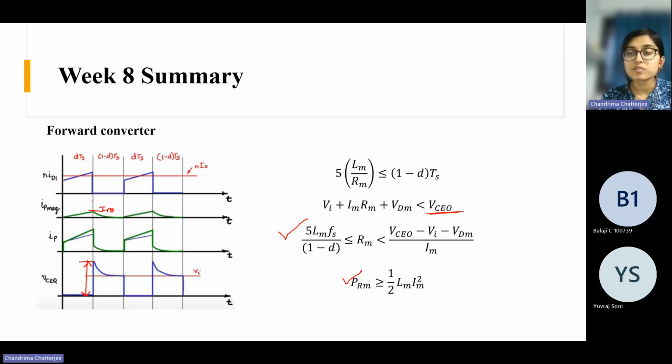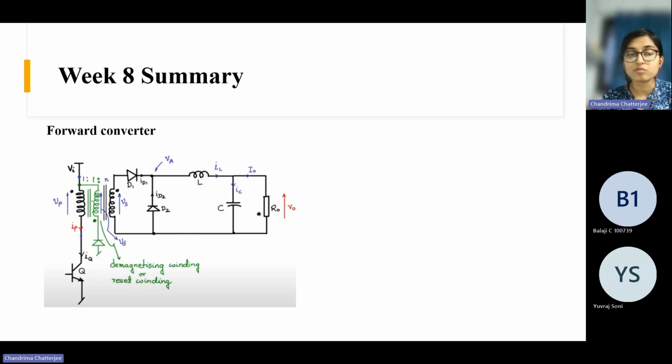There are circuits where we don't have to incur any loss, but still we can reset the core. So this is one such circuit where the resetting circuit needs an additional winding and a diode, but there is no lossy component like the resistance. So this core resetting circuit is also used.